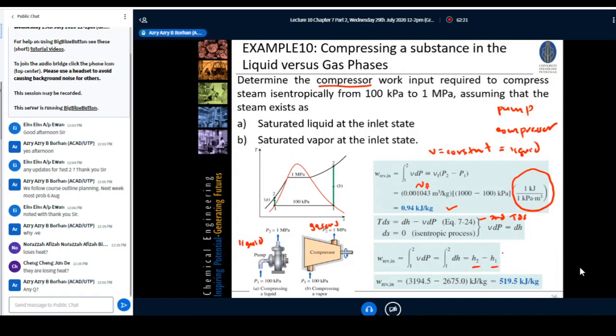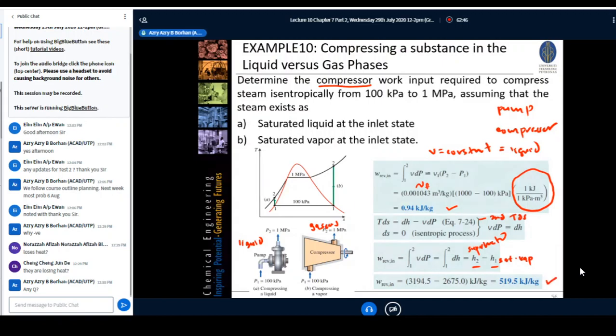H2 is superheated, whereas H1 is at saturated vapor. So now guys, when you solve the problem, you can see that the reversible work input for the compressor is this much.